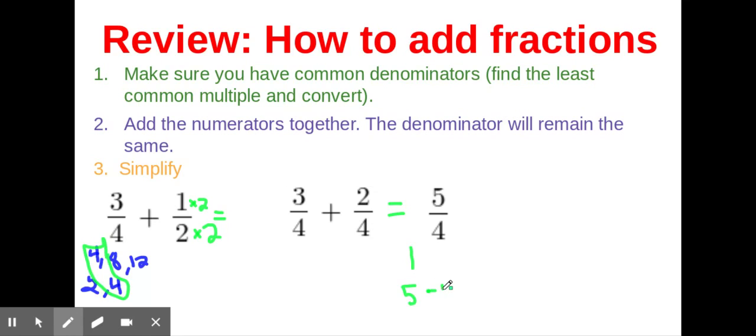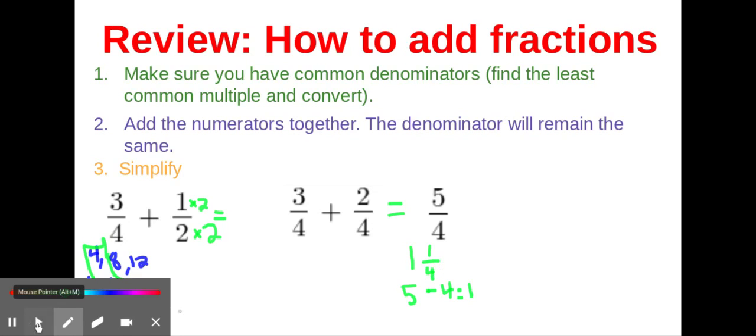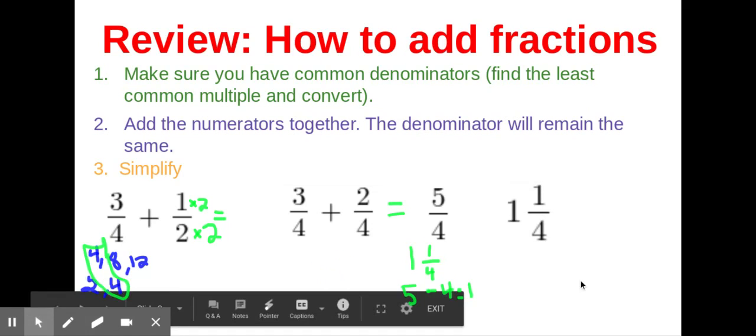So I have 1 left over. So 1 and 1. And then, of course, the denominator always stays the same in the problem. So when it's simplified, it equals 1 and 1/4. So that's basically how you add fractions together.